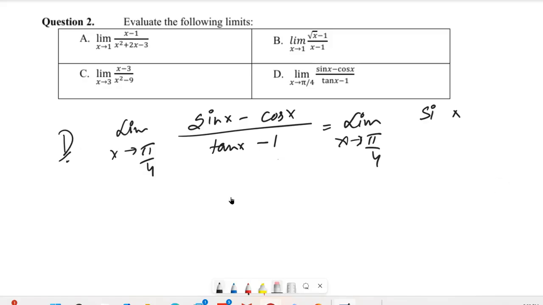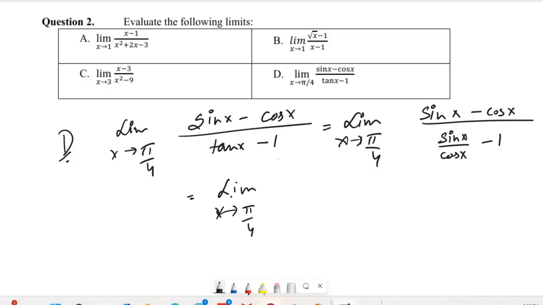Sine x minus cosine x divided by, tangent can be written as sine x by cosine x, minus 1. Limit x approaches pi by 4. In the numerator, we have sine x minus cosine x. I'm not touching it. In the denominator, we need to subtract these two fractions.